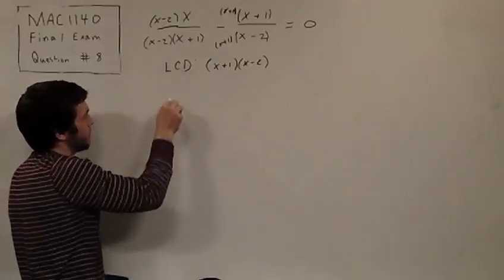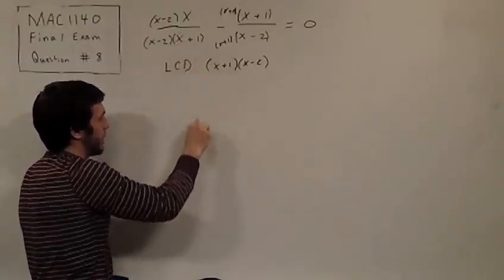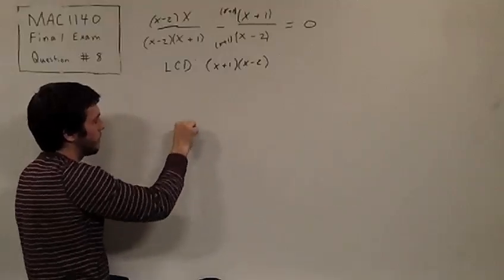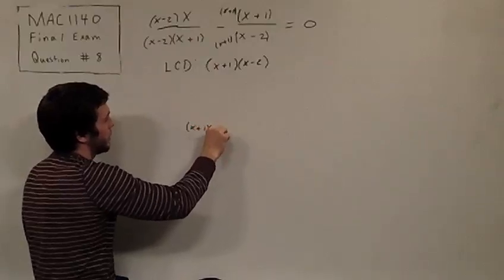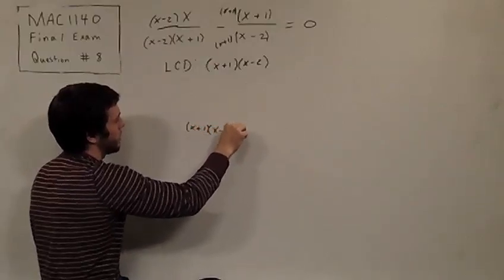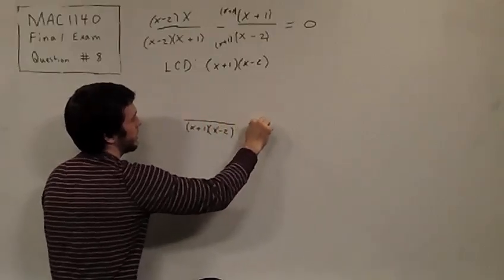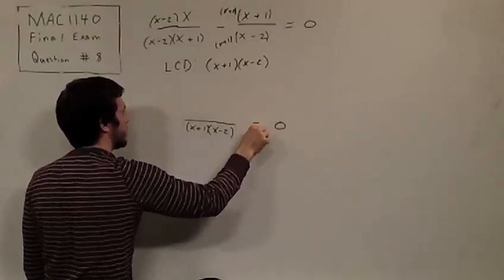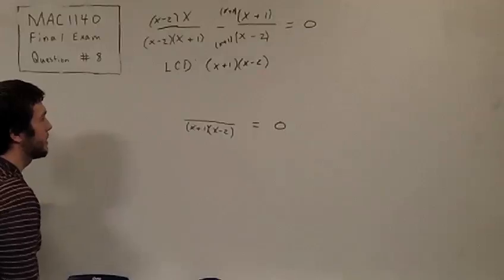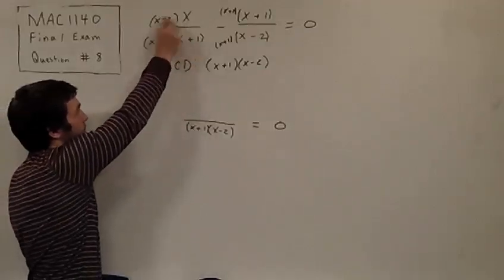Now each fraction has the least common denominator, so we write it once: x plus 1 times x minus 2, equals 0. Now we simplify the top. Here we have x times x minus 2.